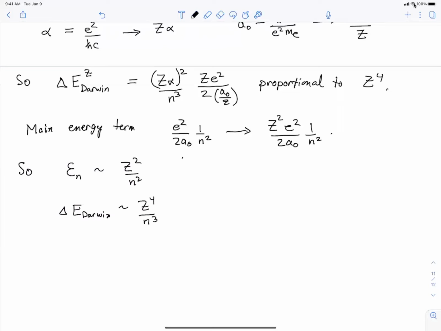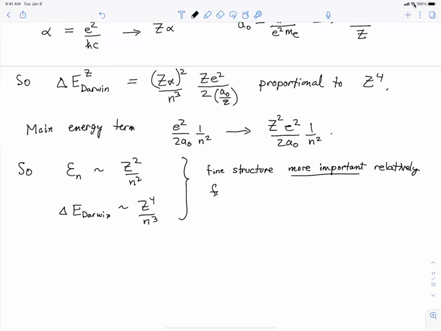And so what we were supposed to learn from this problem is that the fine structure, of which the Darwin term is one part, but the rest of the fine structure actually obeys the same scaling, is more important relatively for larger atoms, since it also comes from relativity.